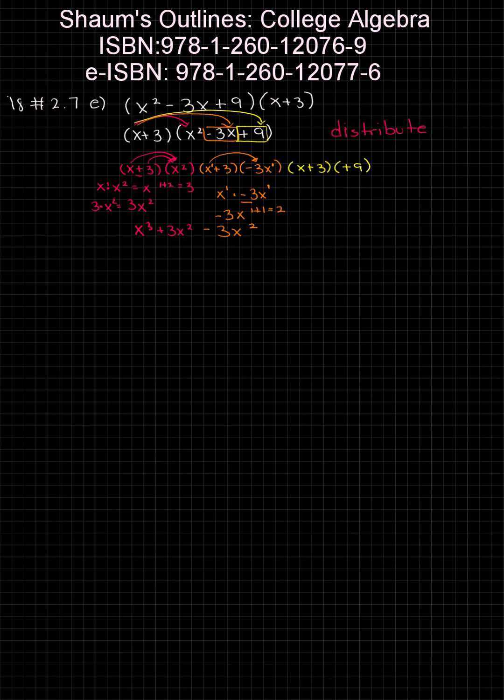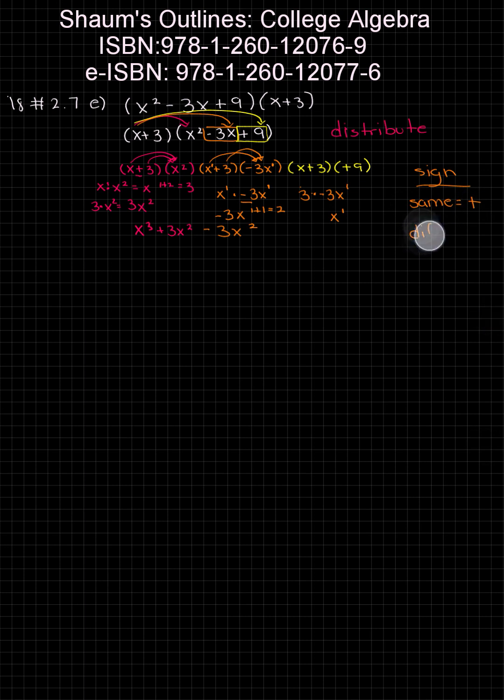Then I'm going to distribute my 3 to my negative 3x to the 1. So that is 3 times negative 3x to the 1. So I know I keep my letter. There's nothing else going on with the letter. And then what is 3 times negative 3? Remember our sign rules? If they're the same, I get a positive.